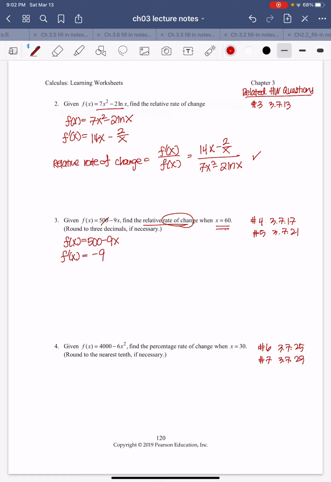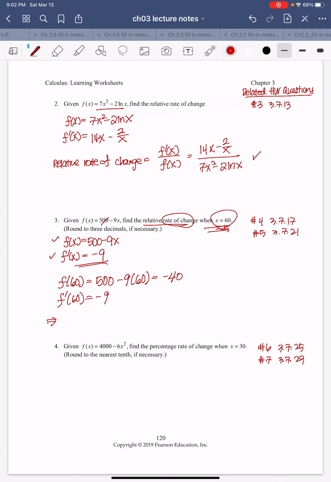Now, we are going to take an extra step because x is given. Let's plug it in. f of 60 is 500 minus 9 times 60, which is equal to, I got negative 40. Now let's find f prime of 60, that's just negative 9, constant function.